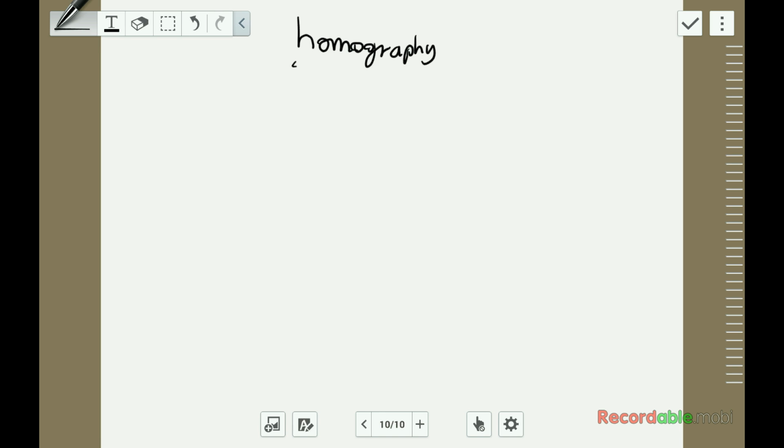So a homography is basically the same thing as a projectivity. And when we're sending the same dimensional shape to the same dimensional shape, if we do a long sequence of perspectivities, we can get our homography.